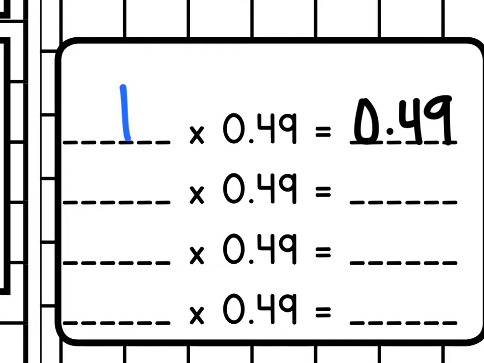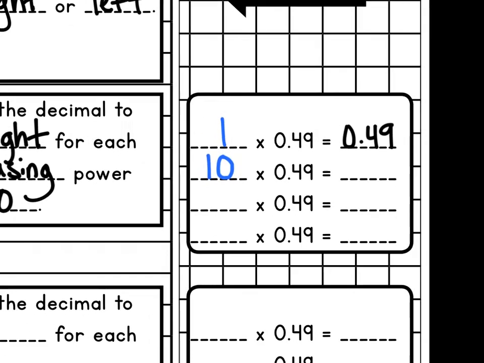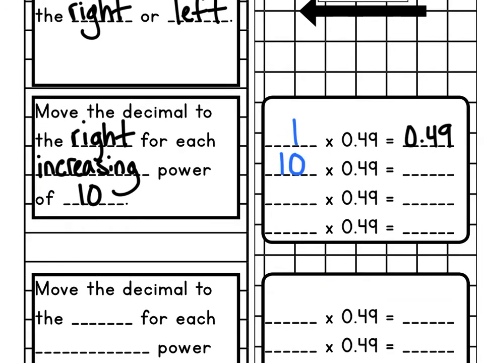And if we just maybe increase that number, instead of a 1, we will do a 10. 10 times 0.4 is going to be increasing. Now, if you remember the step over here on the left, it says move the decimal to the right for each increasing power of 10.